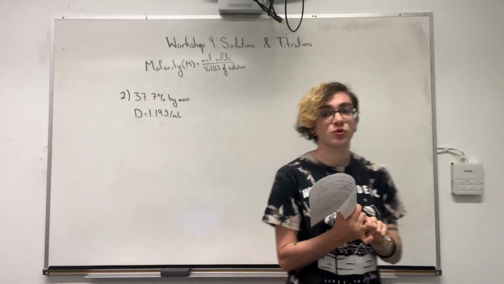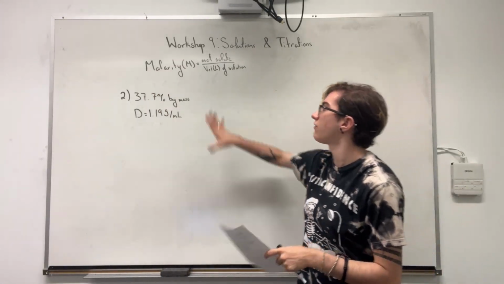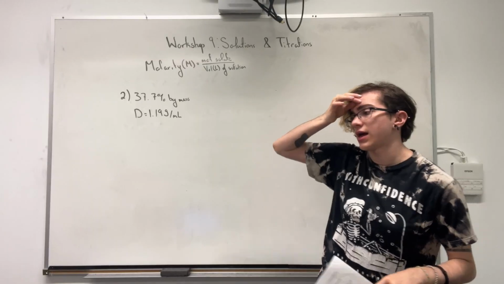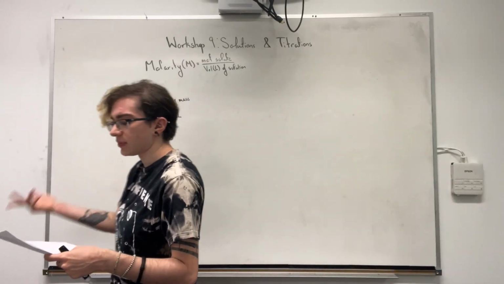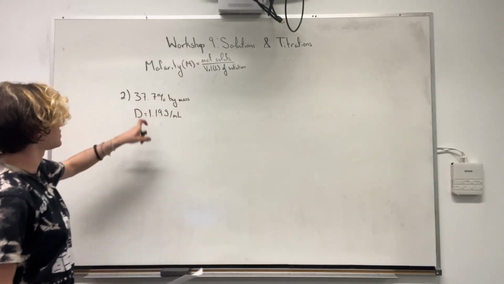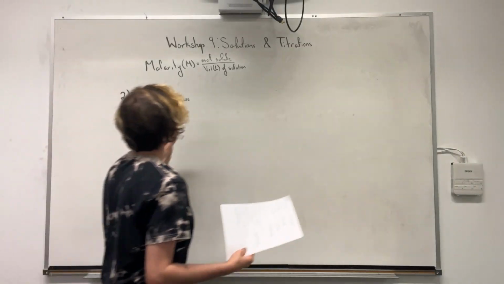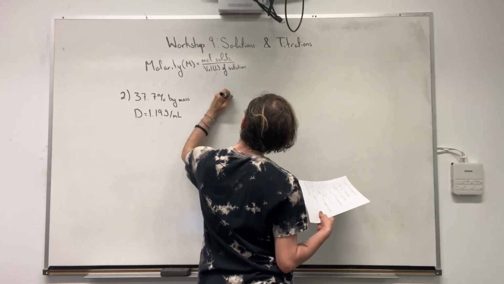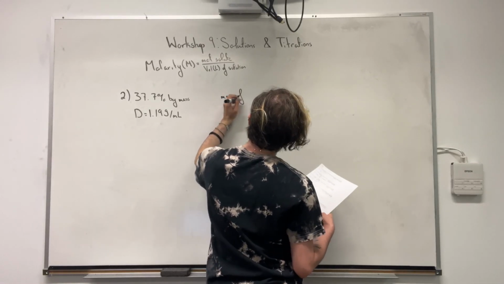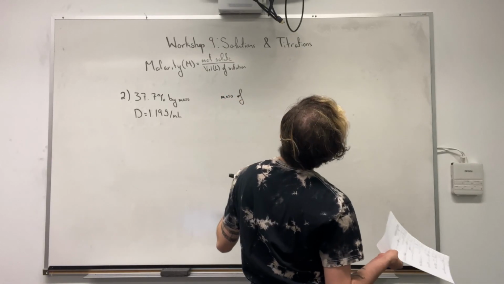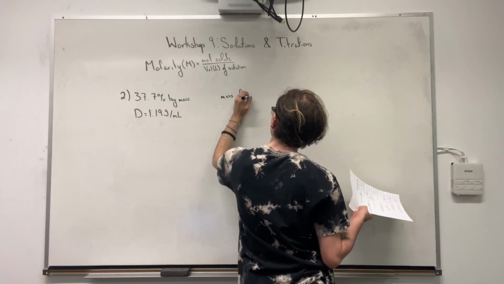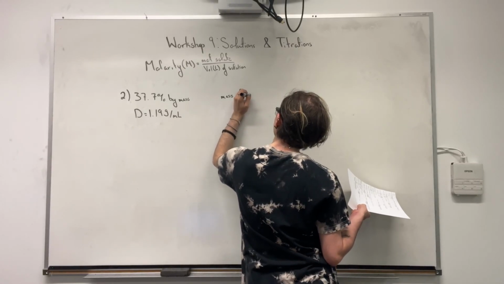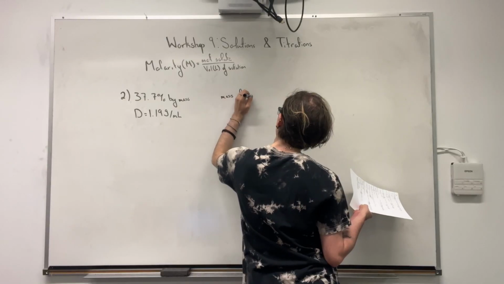Now this problem is a little bit trickier because they are not giving us as obvious of information to work with. Last problem, they gave us grams and milliliters outright. Now they're giving us a percentage and density. But remember the equation for percent by mass. That is mass of part over mass of total times 100.